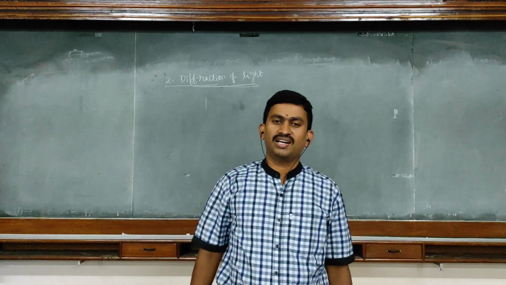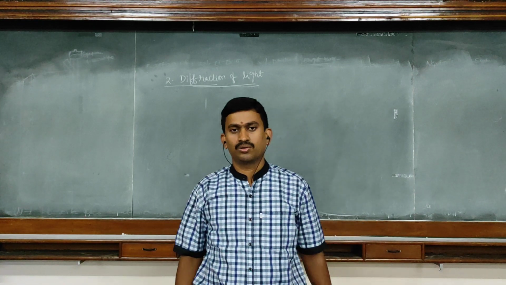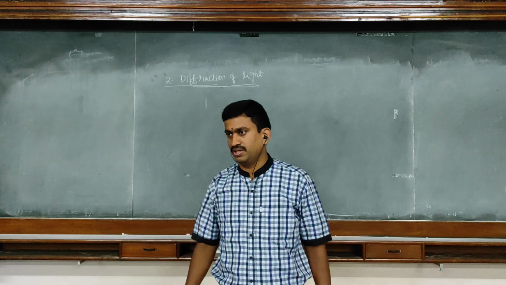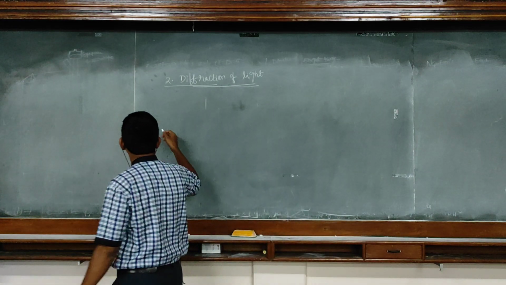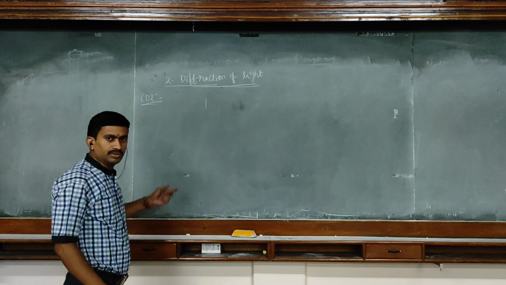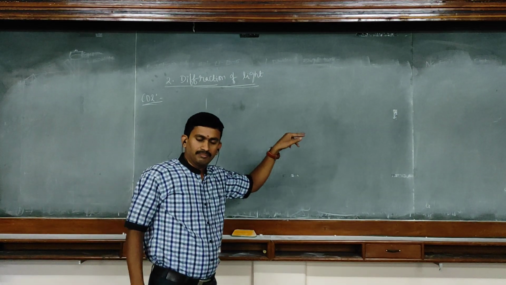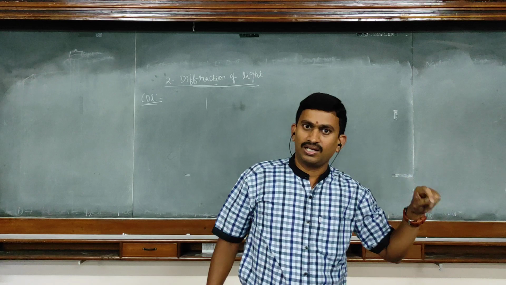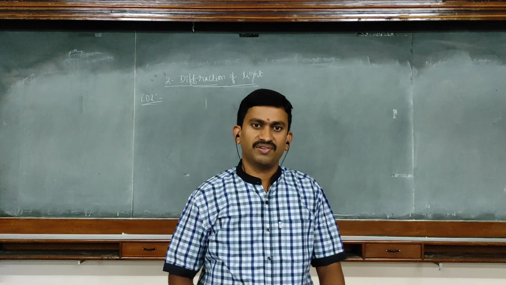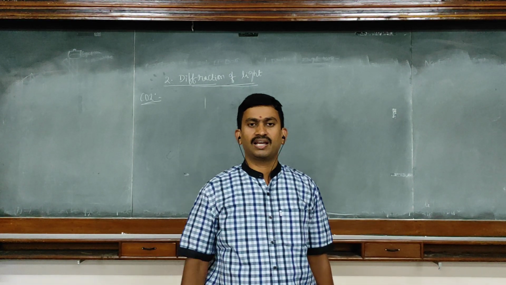Before discussing what diffraction of light is, I would like to emphasize the course outcome as well as the applications of this particular unit. The course outcome of Unit 2, which I have written as CO2, is: by the end of this chapter or unit, the student can explain the diffraction of light with the help of either a single slit, double slit, or diffraction grating, whatever it may be.